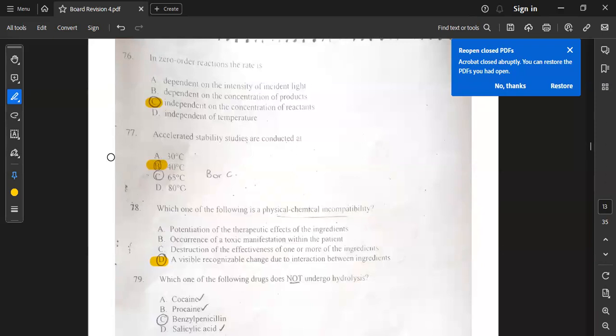How is B chemical? Occurrence of a toxic manifestation within the patient, so after the patient has taken it. How is that chemical?